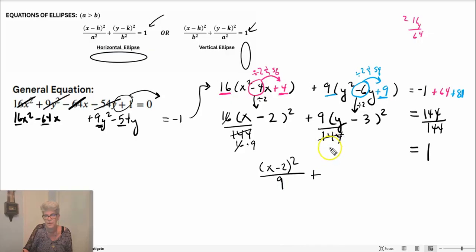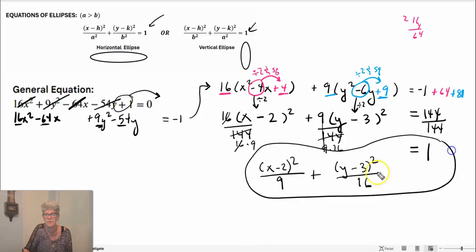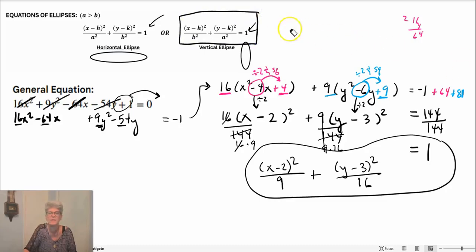And again, if I rewrite 144 here as 9 times 16, the 9s cancel, and I'm left with 16 in the denominator. Now, my larger denominator is underneath the y term, and that's going to give me this second box here. I'm going to have a vertical ellipse.